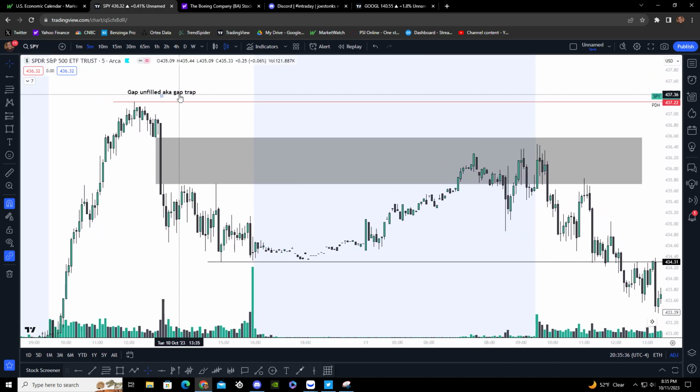from here down into here, retrace into this 430, and then we got this push from I think this is just 4 a.m. And then from there, kind of push higher, but false breakout over pre-market high.